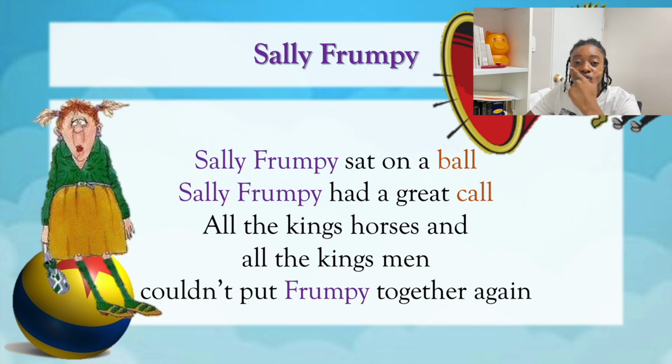Each word is a 2-syllable word, and I changed it to exactly that. Sally Frumpy, right? So the rhythm, the melody stays exactly the same. Sally Frumpy sat on a ball. Sally Frumpy had a great call. All the king's horses and all the king's men couldn't put Frumpy together again. Da, da, da, da, da, da, da.